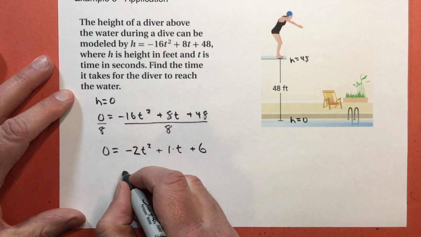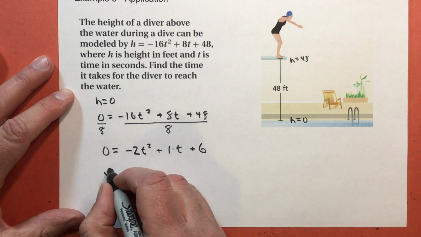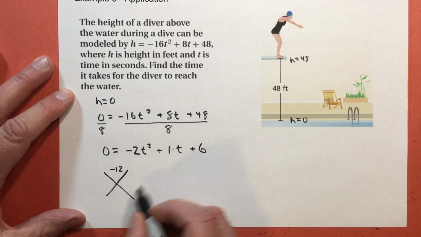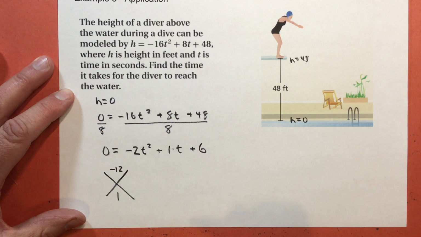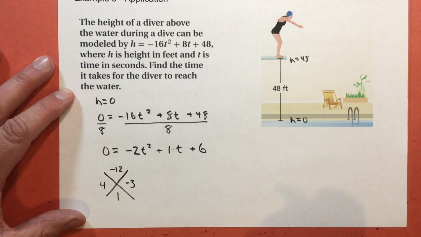So let me set this up. Here's my diamond. Negative 2 times 6 is negative 12, and I put my 1 right here. These two are going to add up to the 1t. So what multiplies to give negative 12 but adds to give 1? Well, that would be 4 and negative 3.